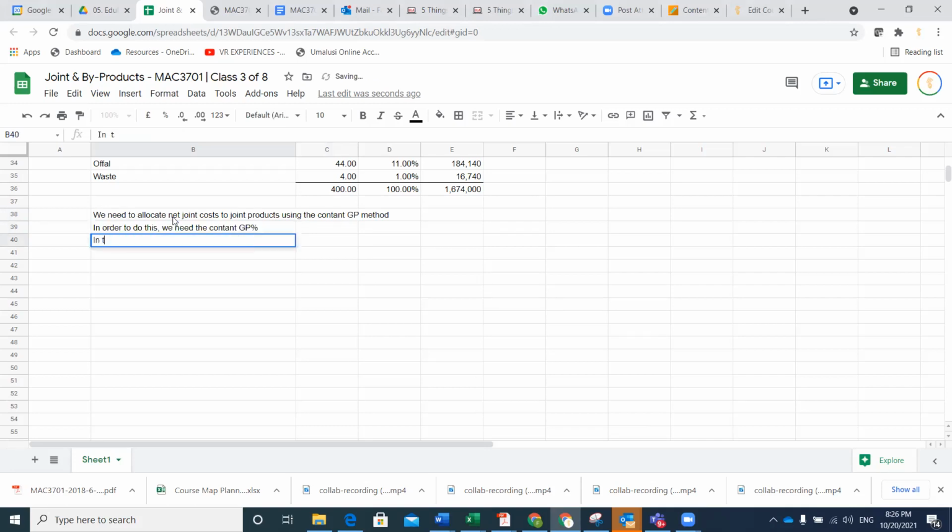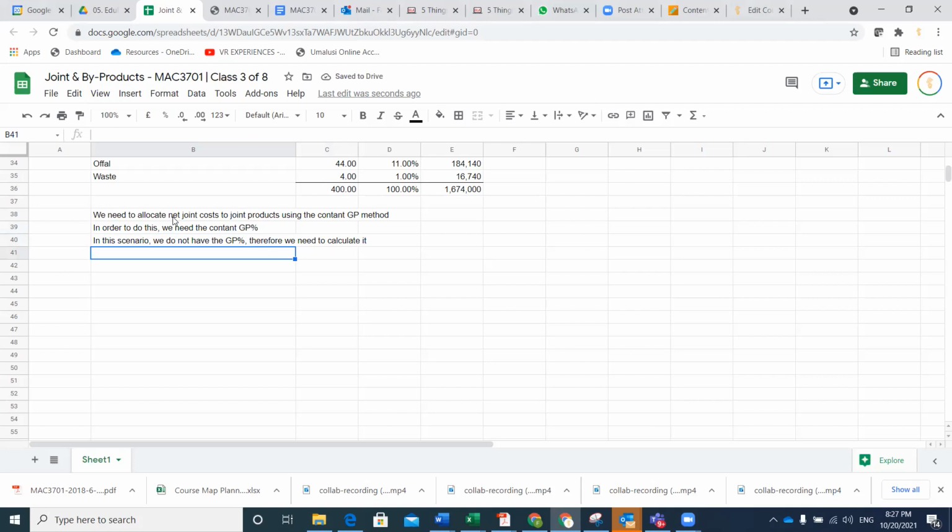In this scenario, we do not have the GP percentage. Therefore, we need to calculate it. So that is the thinking process.